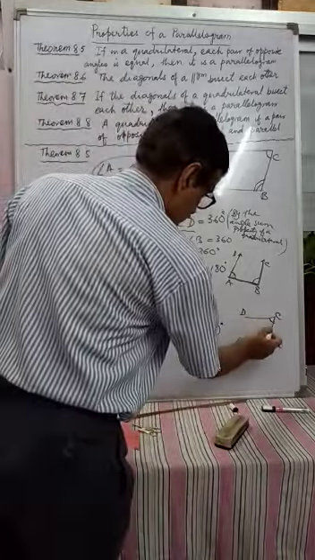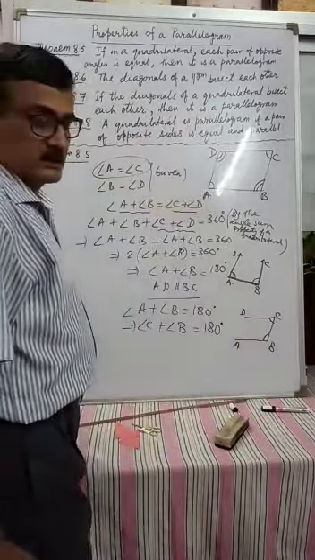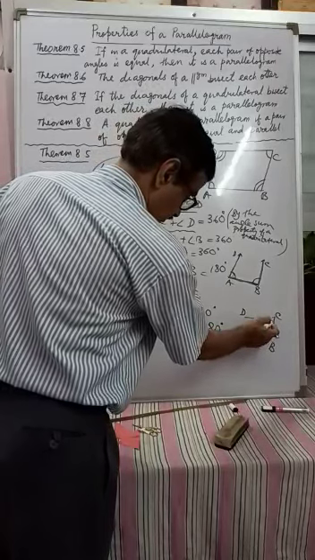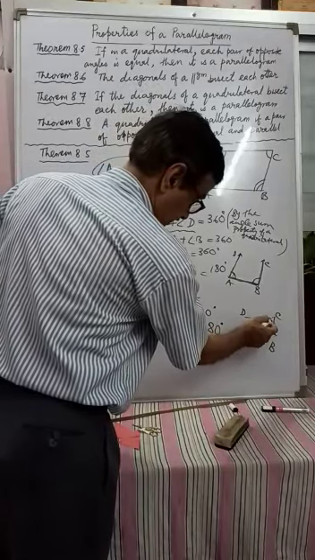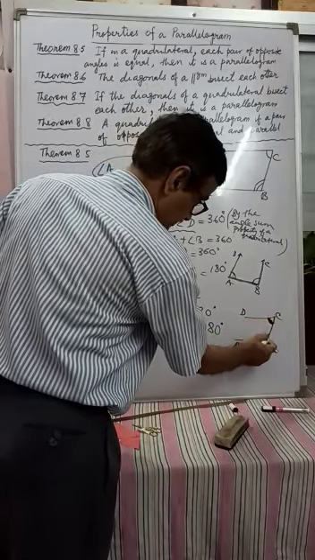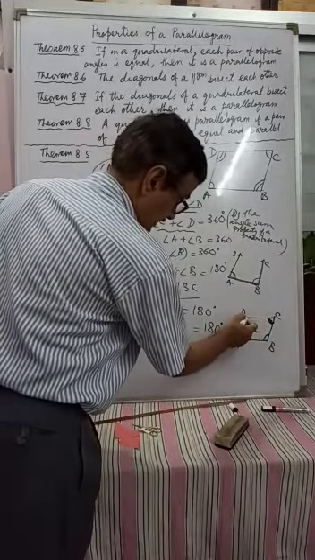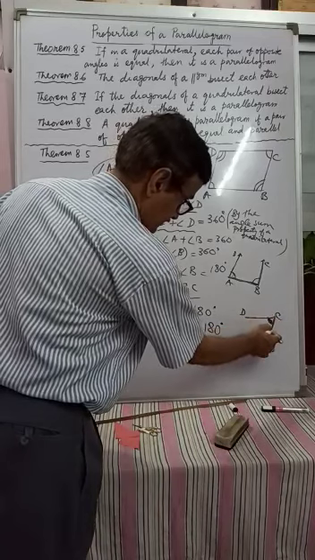So the sum of these two angles is 180 degrees, and these two angles are the interior angles on the same side of the transversal BC, formed when these two lines AB and DC are intersected by BC.